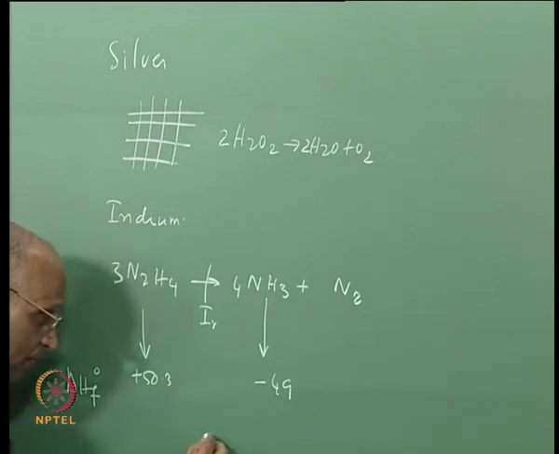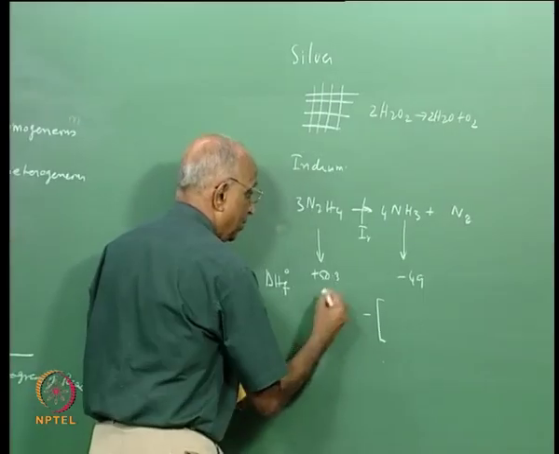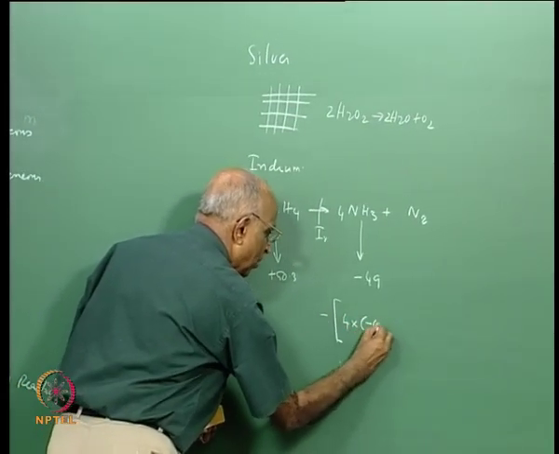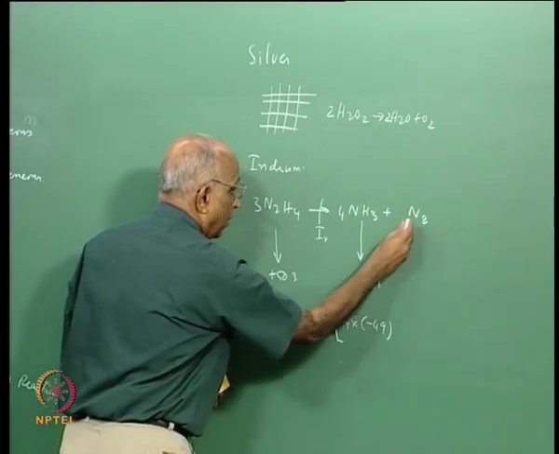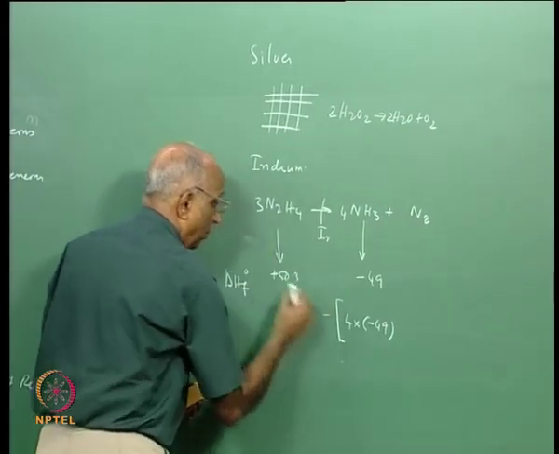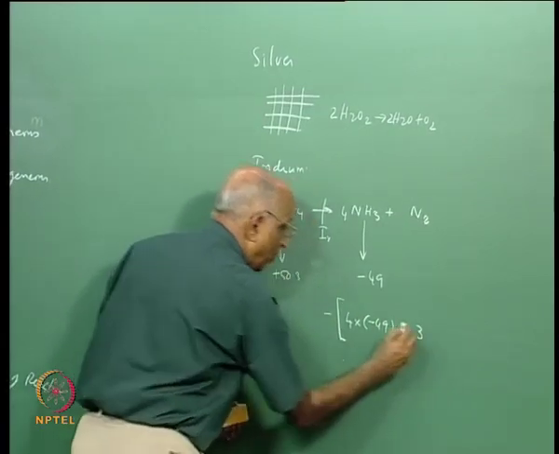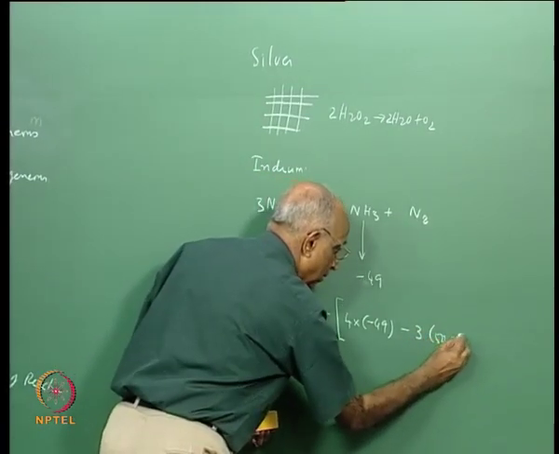We had the heat liberated in the reaction equal to minus of 4 into minus 49 plus 0 here minus 3 into 50.3 kilojoule per mole.